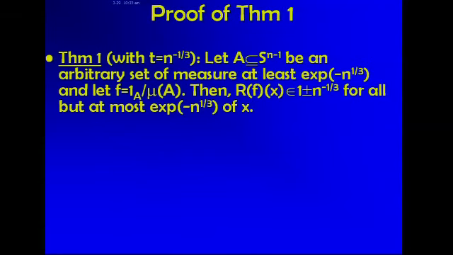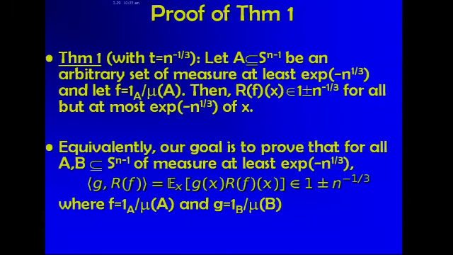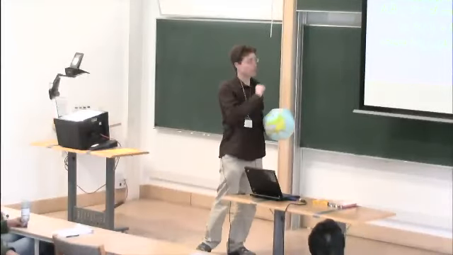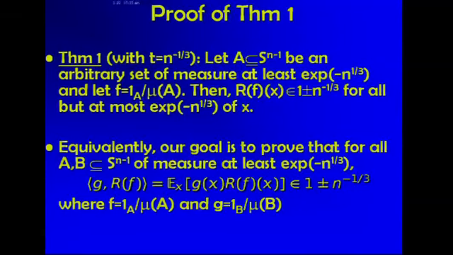So you see it slowly gets a nicer analytical form, and let's make it even nicer in the next step. Instead of talking about the deviation of this function, let's add a test set where we'll test this function R of f. I claim that the following is equivalent: for any sets A and B of measure e to the minus n to the 1/3, the inner product of g and R of f, defined as the expectation over x of g(x) times Rf(x), is within 1 plus or minus n to the minus 1/3.